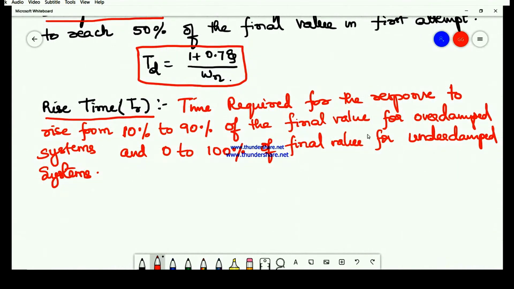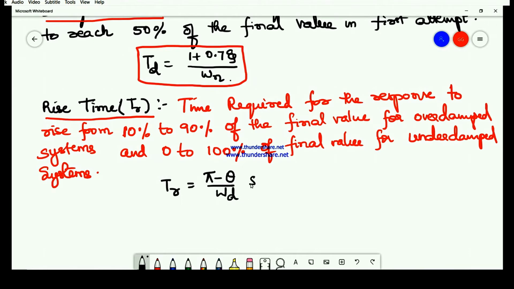Next we will go for the next time definition that we see after rise time. Before that, let us write the equation for the rise time, as we did for delay time. TR is equal to pi minus theta divided by omega d.